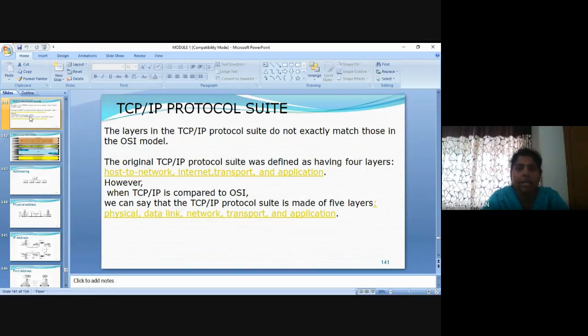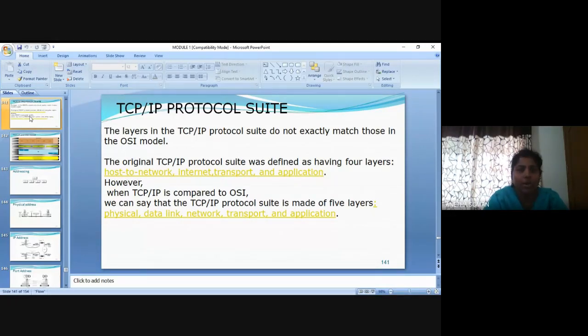When they developed it the first time, it was defined with 4 layers: the host to network layer, the internet layer, the transport layer, and the application layer.